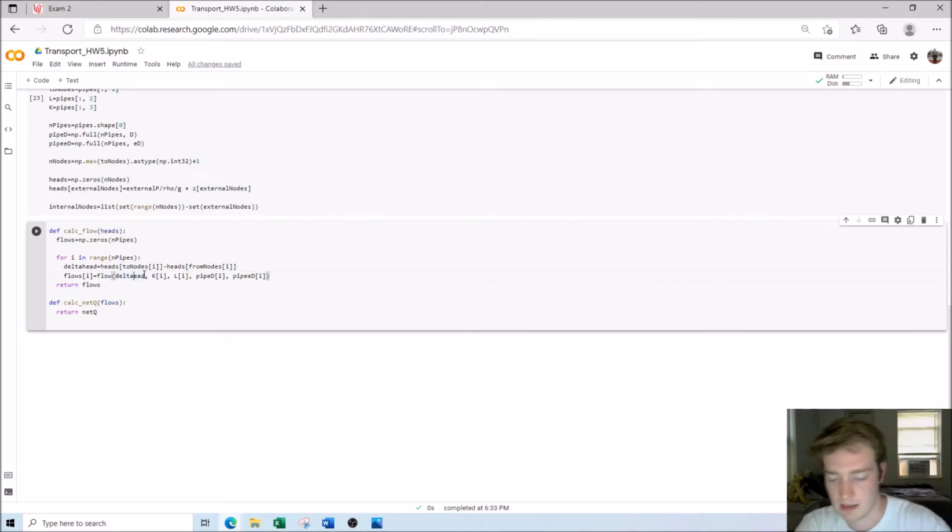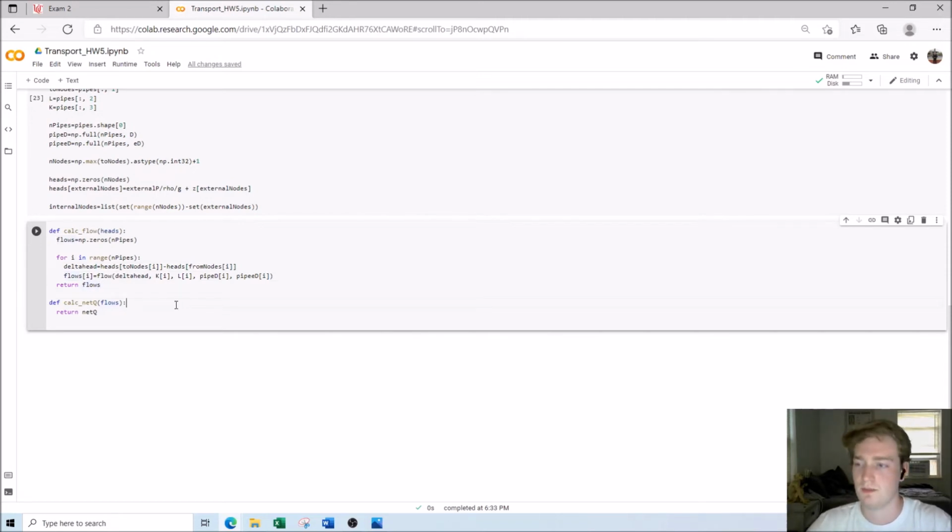And we'll say, fix that as well. This is basically saying, hey, I want to find the delta head for this value. How am I going to do that? I'm going to take the head going in, I'm going to subtract it from the head coming out, and that'll give me the change in head. And then from that change in head, or delta head, we can calculate the flow. So that's how we're going to calculate the flow rates.